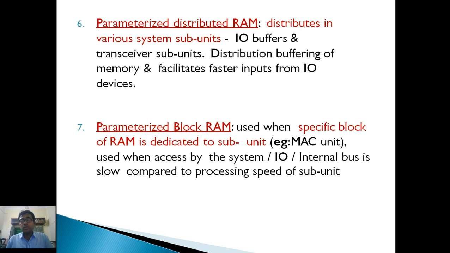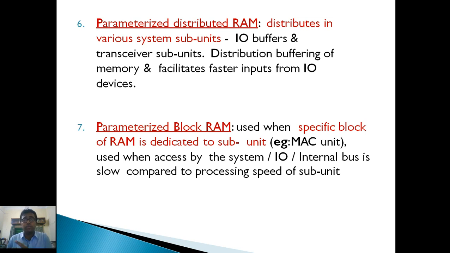If we connect parameterized distributed RAM in input output buffers and transceiver subunits, what will happen? The speed of input or output data will increase. And in case of a power shortage, we can manage that using the parameterized distributed RAM.